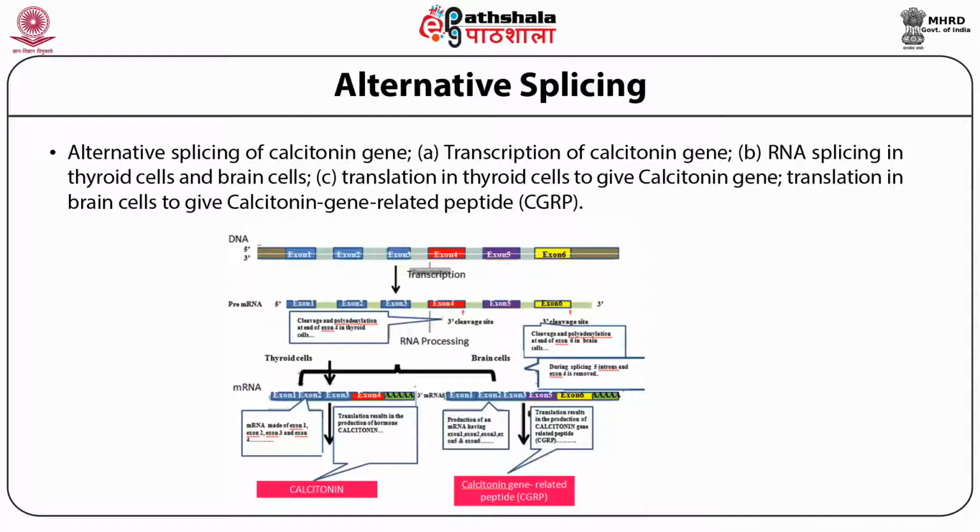However, if the RNA processing takes place in the brain cells, the cleavage occurs at site 2, that is, after the 6th exon. The mature RNA consists of exons 1, 2, 3, 5 and 6. On translation, this mature RNA produces a protein called calcitonin gene related peptide, a different form of calcitonin.